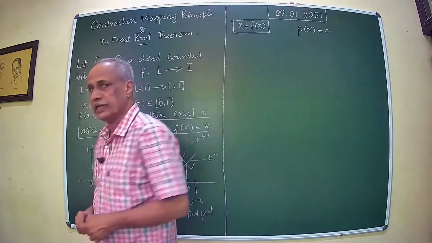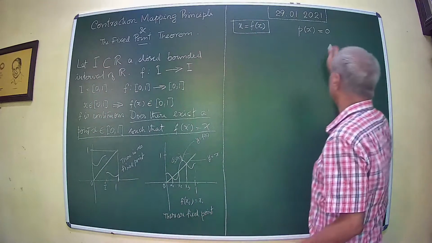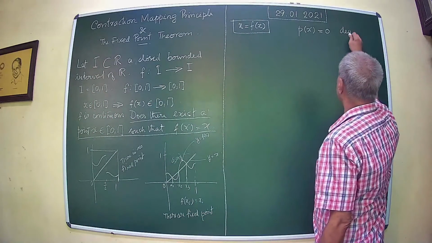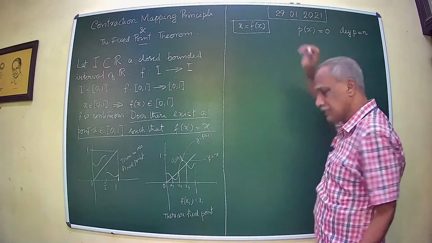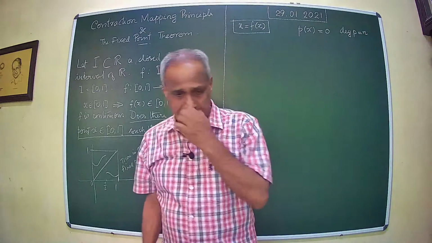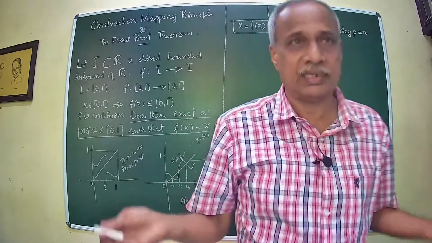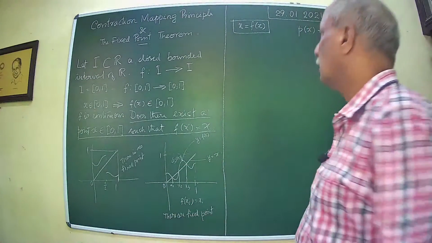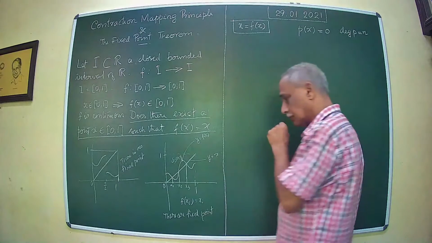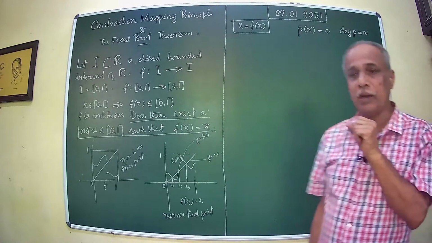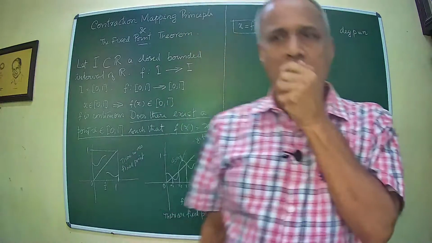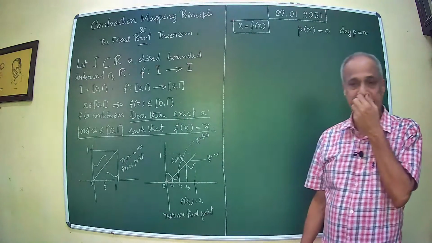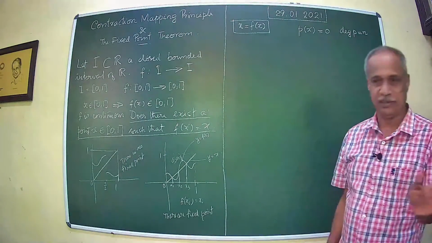So, you assume that the polynomial is of degree n, say 10 or 15 or something like that, a big number. Is it possible to find the zeros of this polynomial? In general, there is no general method to do that.